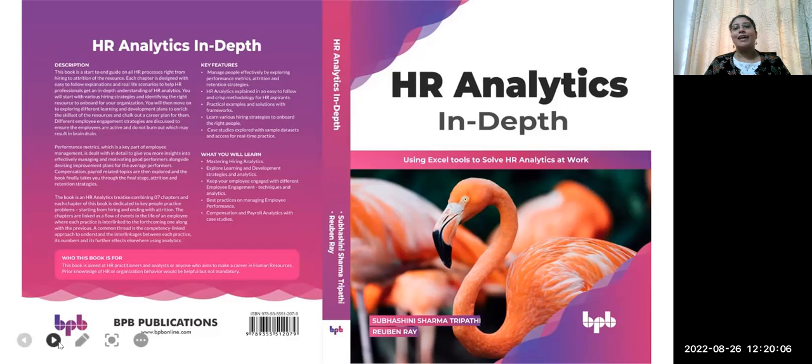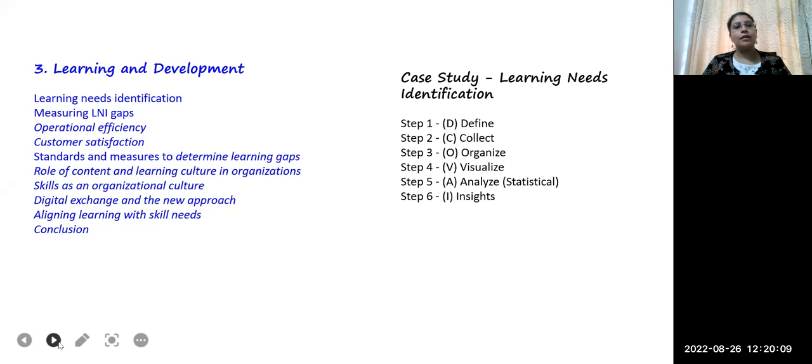I'm Subhashni, and if you go through the book, you will realize that there are multiple things covered in the theory part, like the concept of learning need identification, measuring learning need gaps, and the standards and measures to determine learning needs gaps, the importance of content, learning culture, skills in the organizations, different ways to look at learning, like the digital exchange way, and aligning learning with skill needs within the organization.